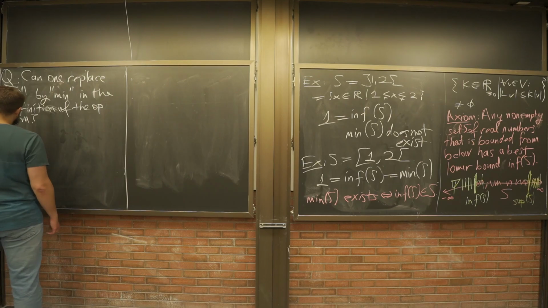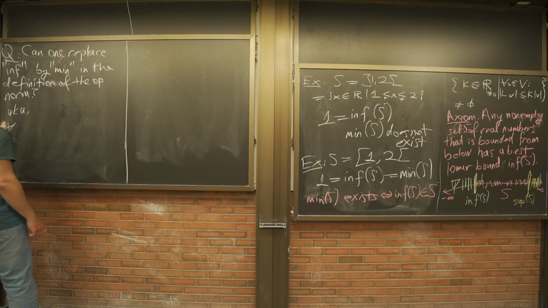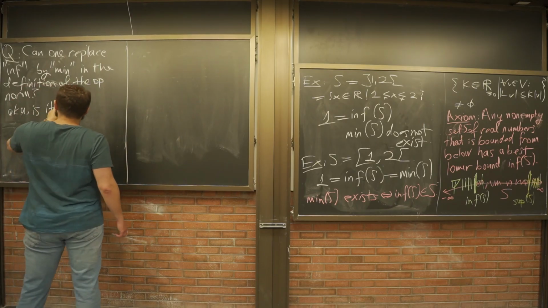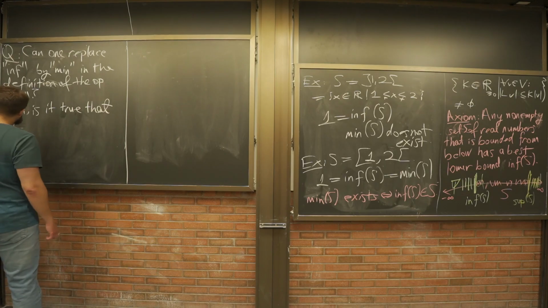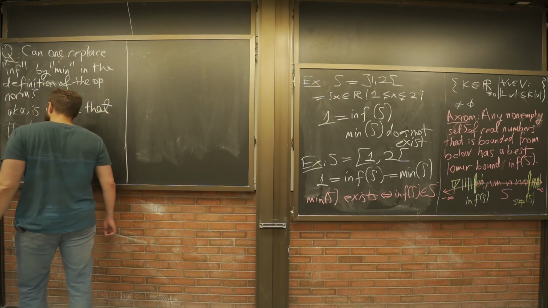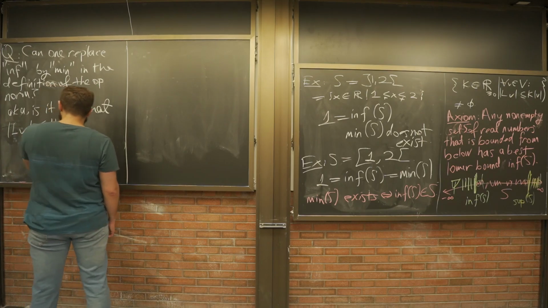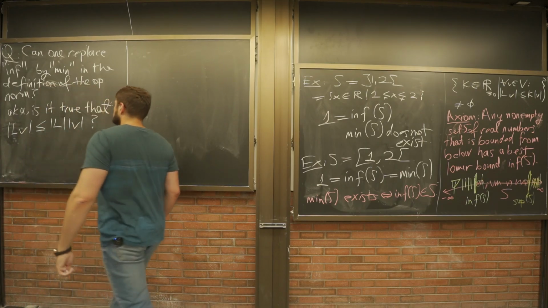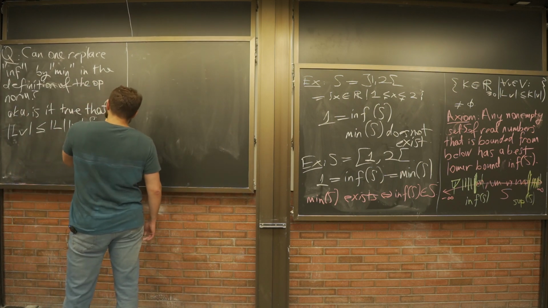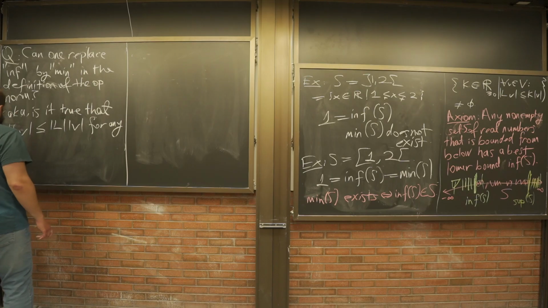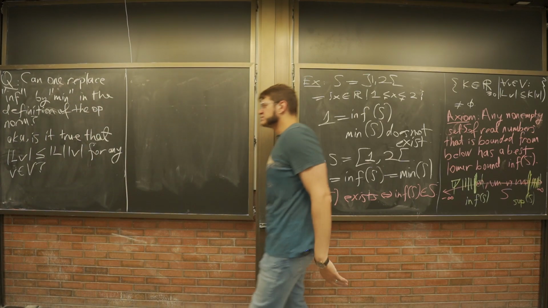The question is this: is it true that the norm of Lv is bounded by the operator norm of L times the norm of v, for any v in V? When you open up the definitions, that's what I'm asking.